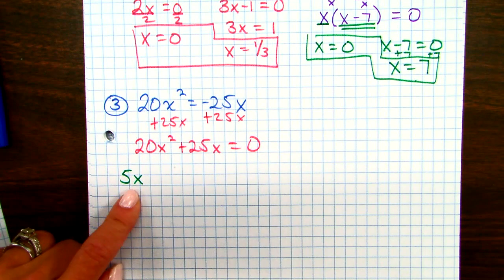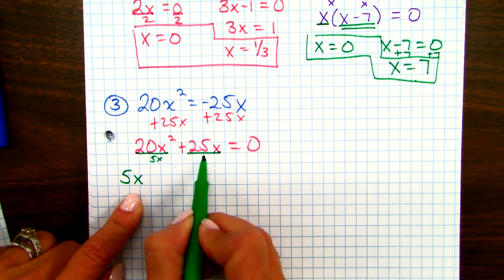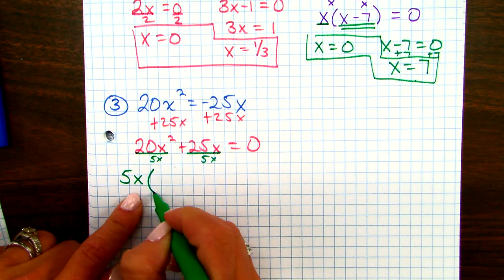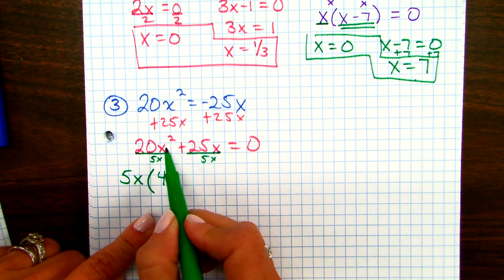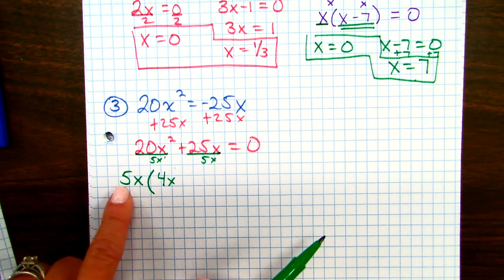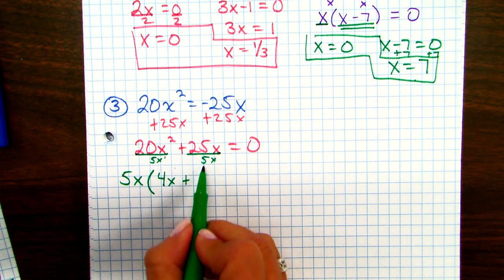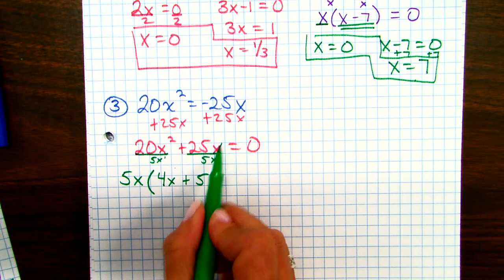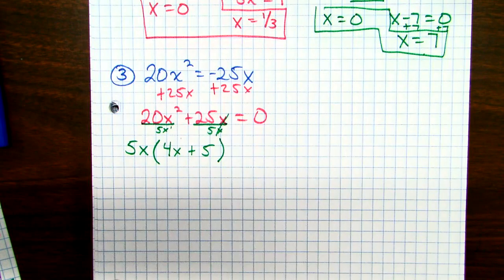So that's my GCF. 20 divided by 5 is 4. X to the second over x to the first is just x, right? If I multiply these two together, I would get 20x squared. 25 divided by 5 is 5, and those x's cancel. So there's the factored answer.